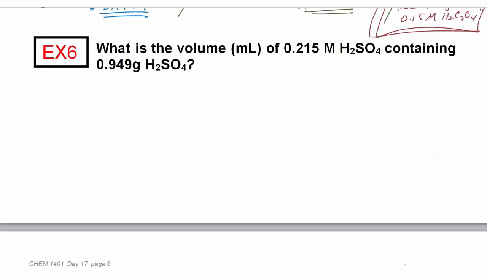What is the volume in milliliters of 0.215 molar sulfuric acid containing 0.949 grams of sulfuric acid? This is not a dilution problem, straightforward molarity problem.